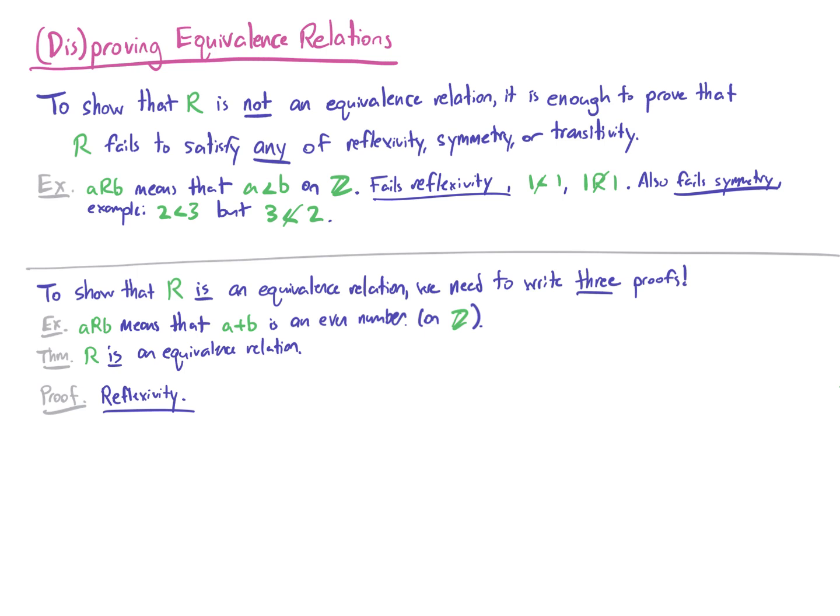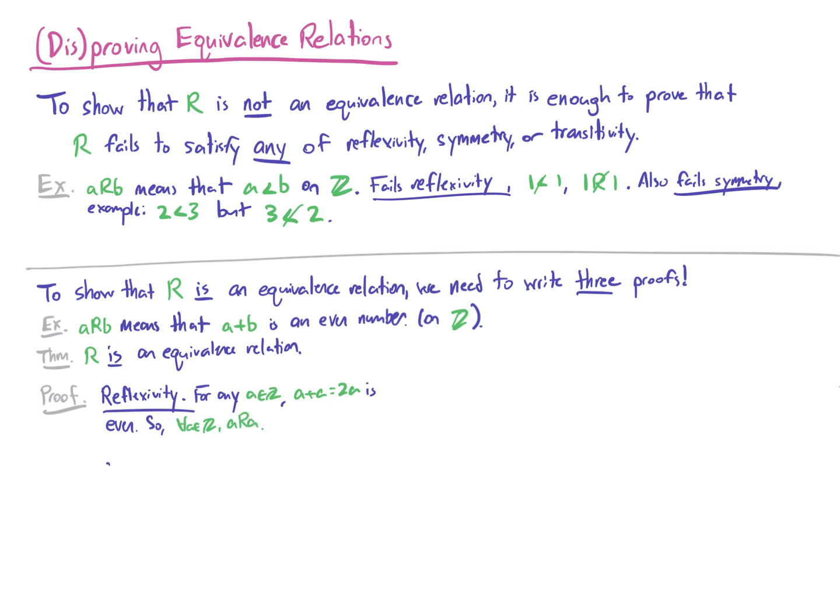So my proof of reflexivity is that for any integer a in Z, a plus a, which is also the same as 2a, is even, because I've written it as 2 times an integer. So that's enough to have shown the definition of reflexivity. For all a in Z, a is related to itself.